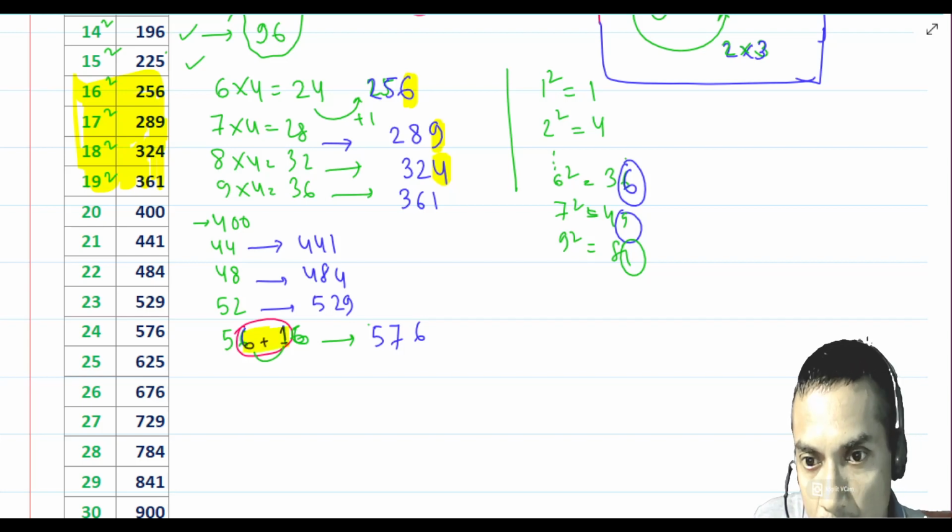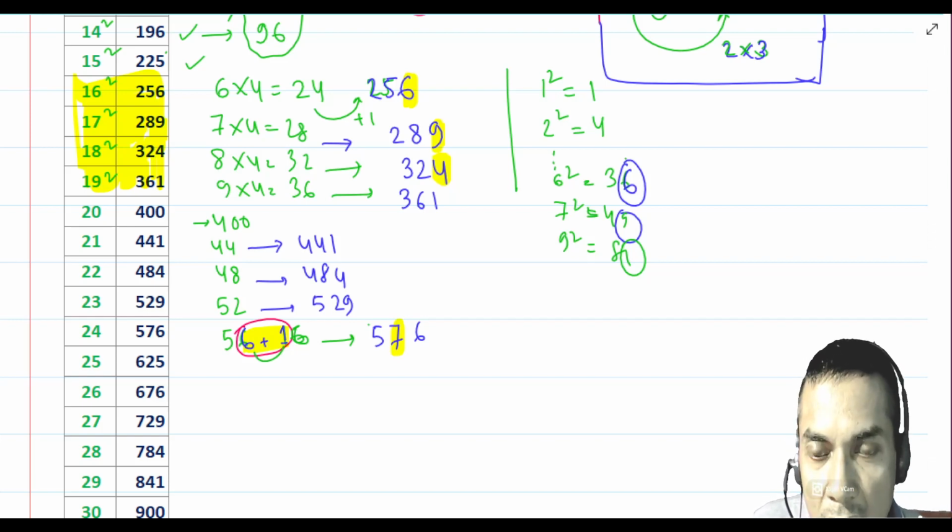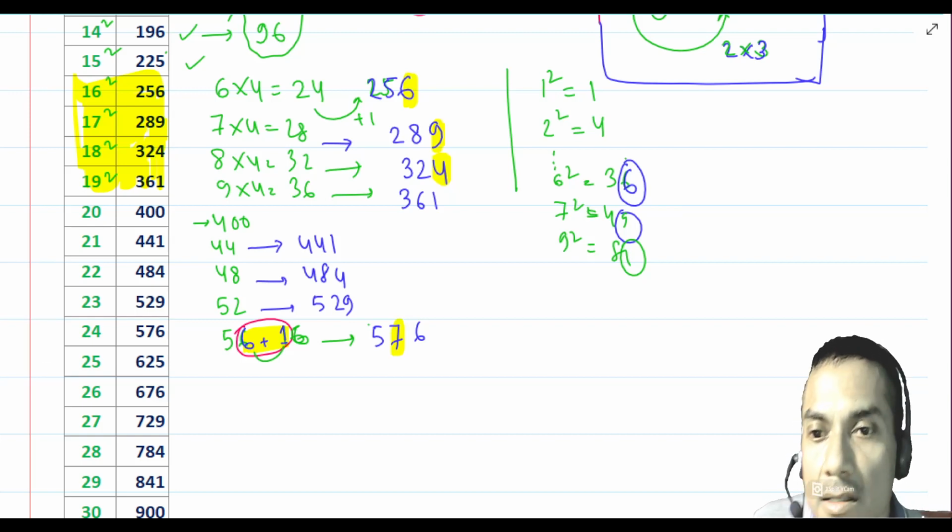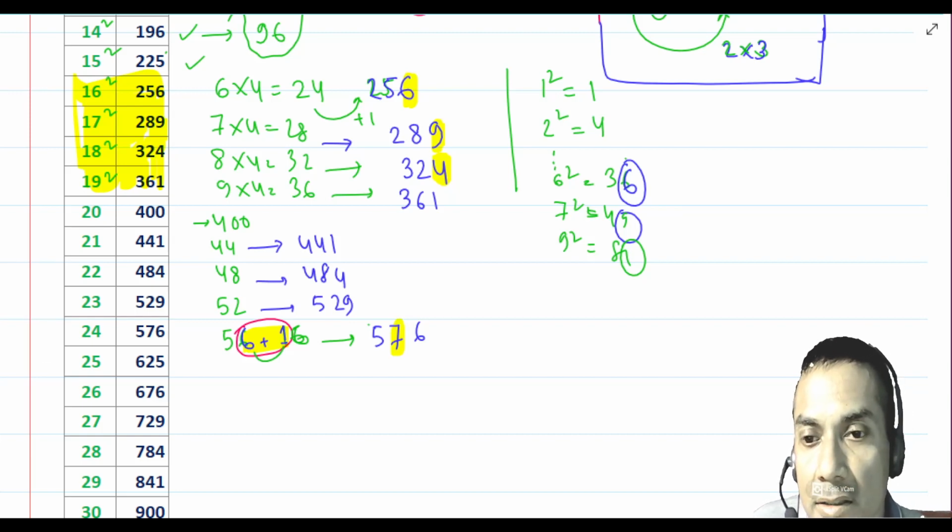You add the value and change the value here. But for these upper three cases, there is no change, because if you square the unit place value, 1 square, 2 square, 3 square, all squares are single digit numbers. That is the reason no further addition is required to find the value, but here it is required.